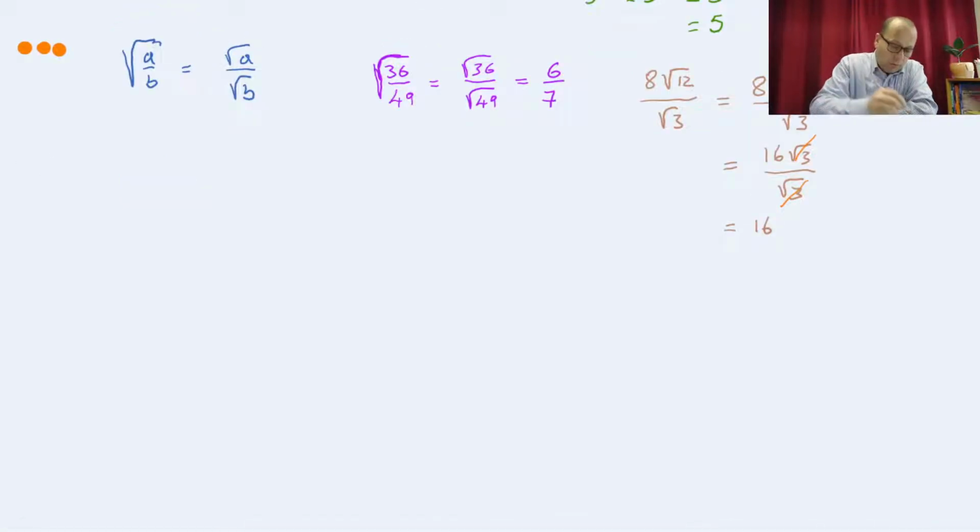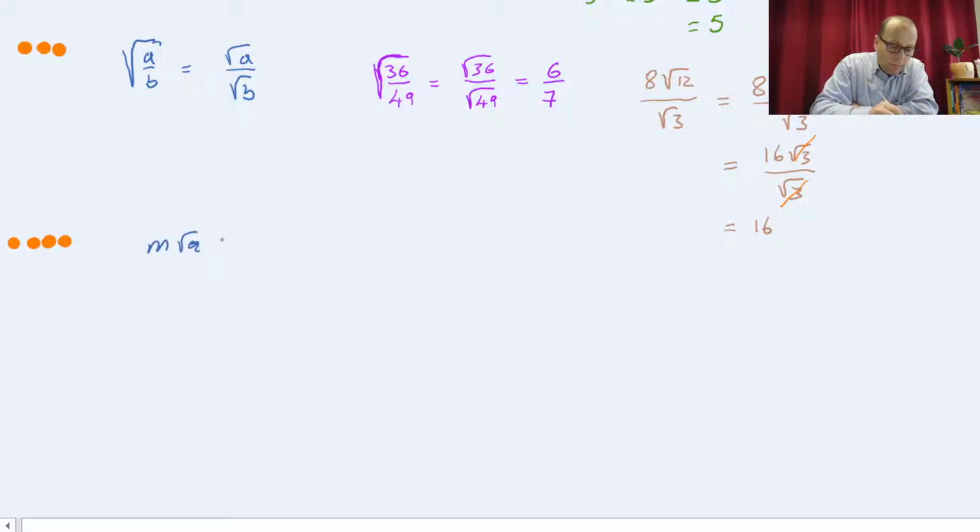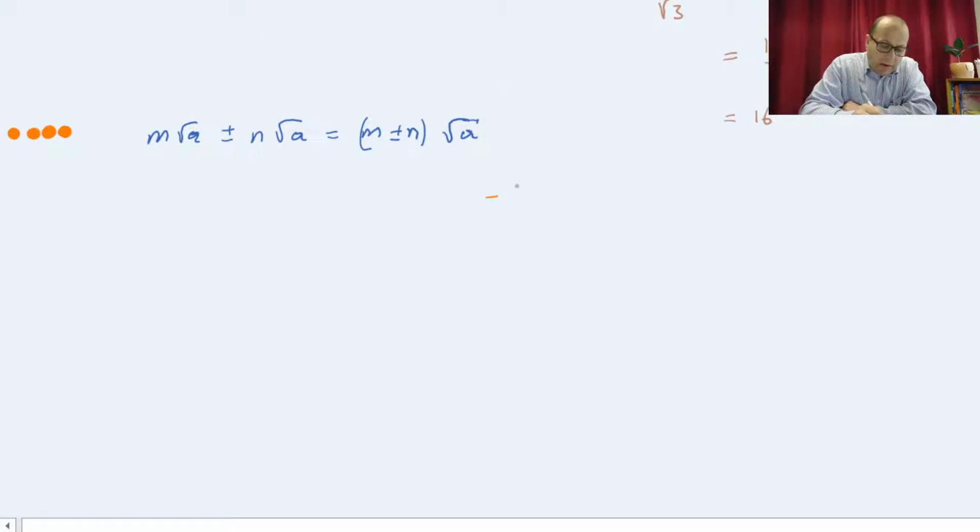Rule number 4. m root A plus or minus n root A is just m plus or minus n, root A. If I have minus 6 root 3 plus root 12, that's equal to minus 6 root 3 plus root 12, which is 4 times 3.